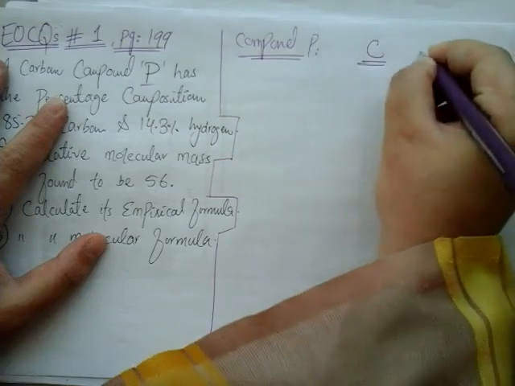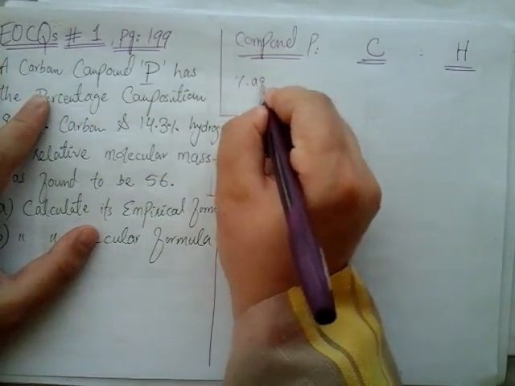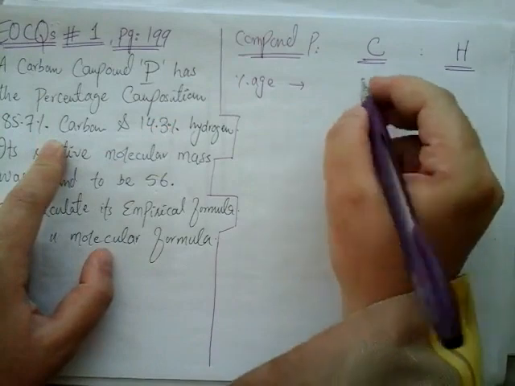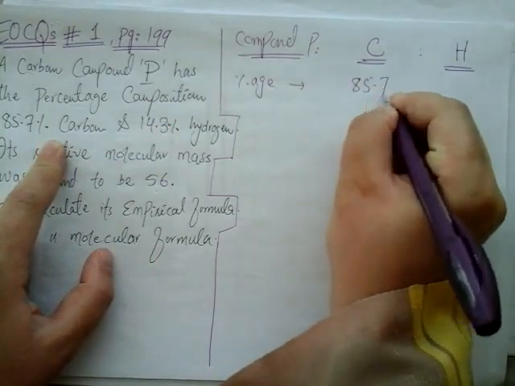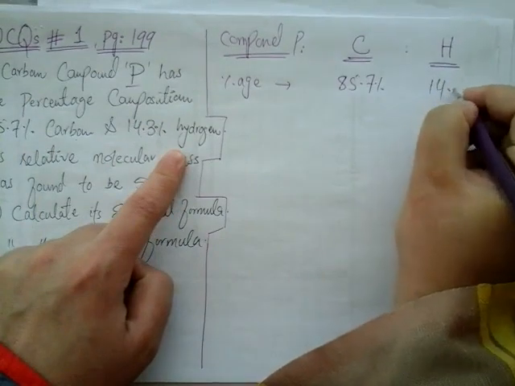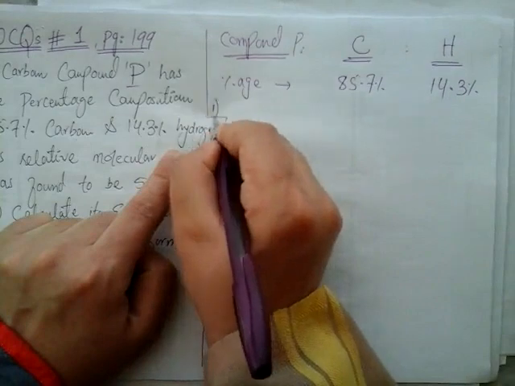I will put the ratio over here. The percentage of carbon is 85.7% and that of hydrogen is 14.3%. Is that clear?